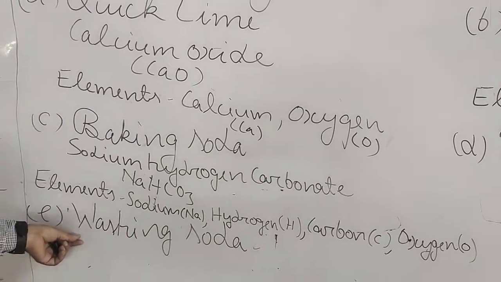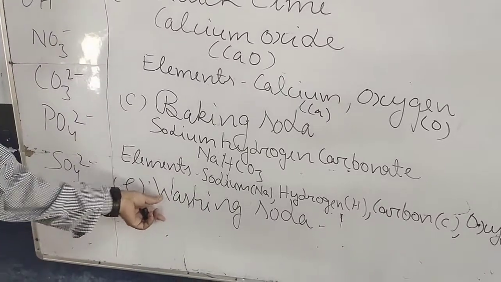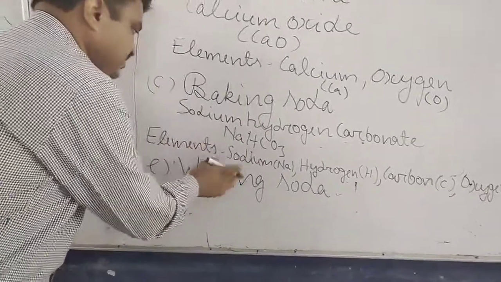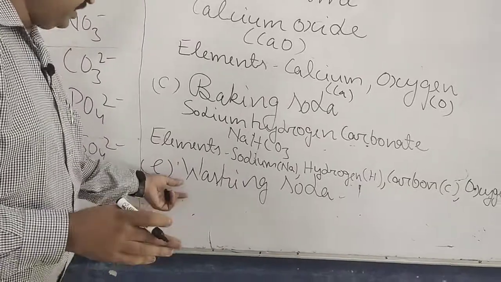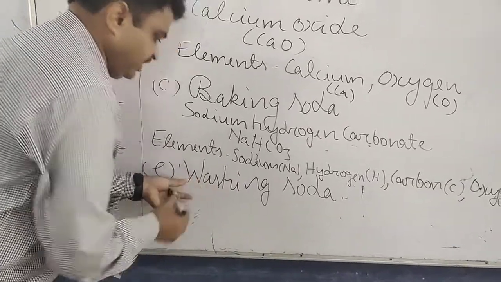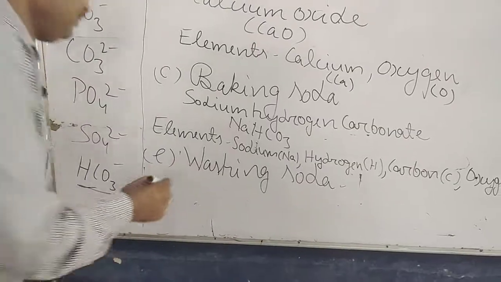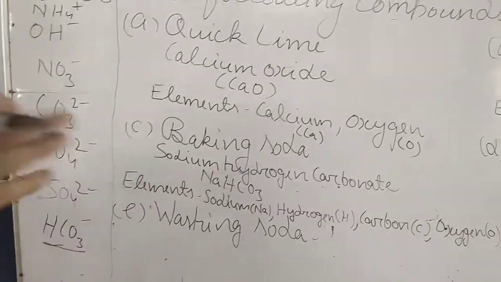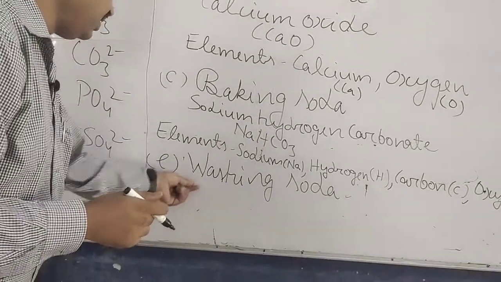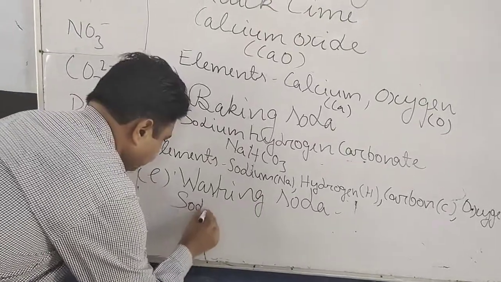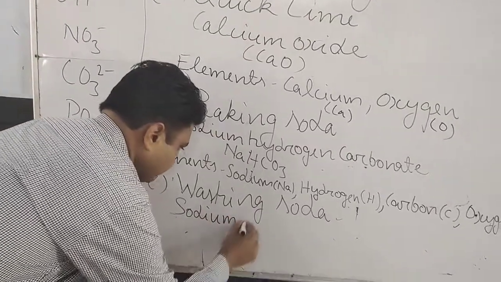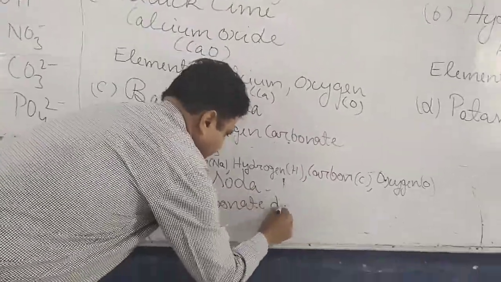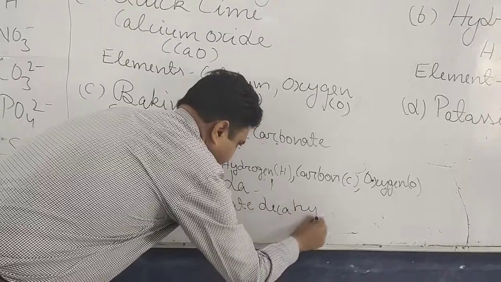It is washing soda, student. What is the formula of washing soda? It is not given in your NCERT exercise, student. It is an extra formula, and both formulas, baking soda and washing soda, will come in your 10th class. So washing soda is sodium carbonate decahydrate.